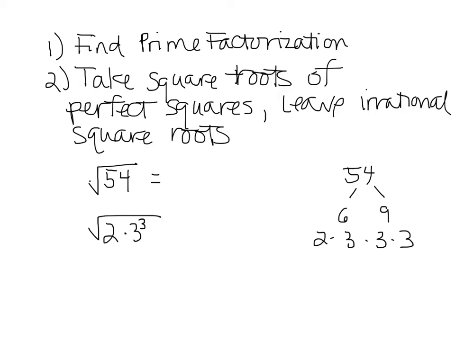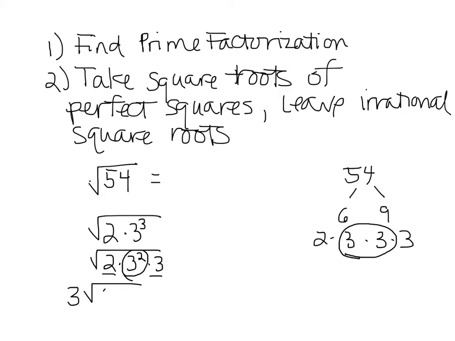Nothing has an even exponent the way we have it right now. However, you can see you've got 3 squared in that makeup. So another way of thinking about this is 2 times 3 squared times 3. Now I can take the square root of 3 squared, put it on the outside, that's 3, and on the inside I have 2 times 3, so 3 root 6.